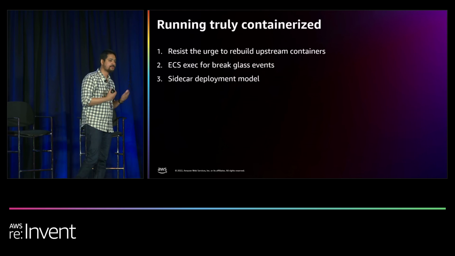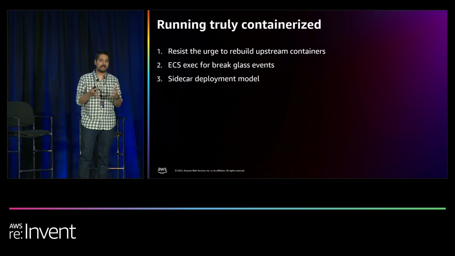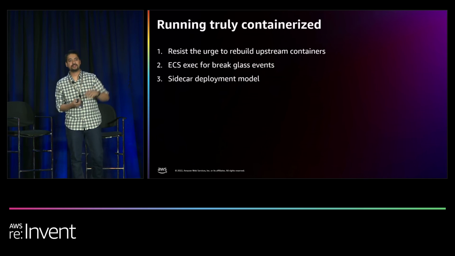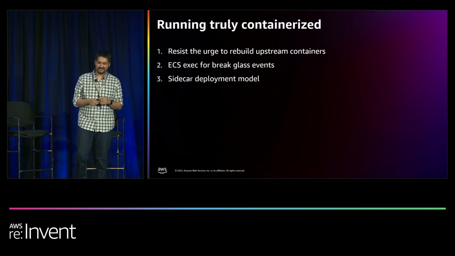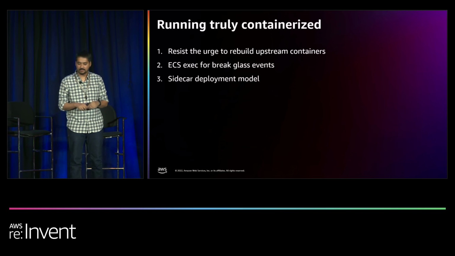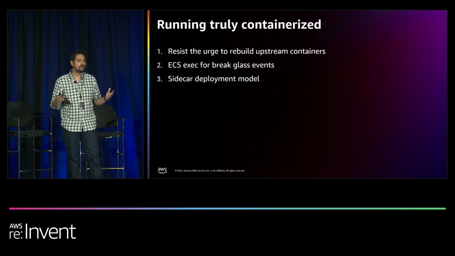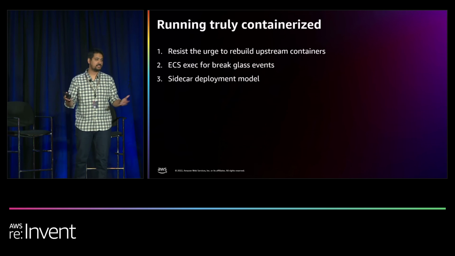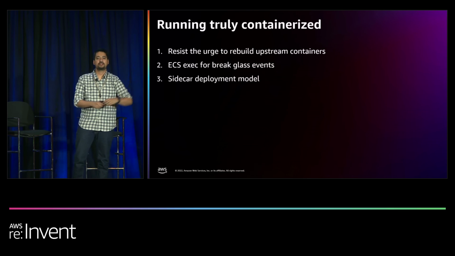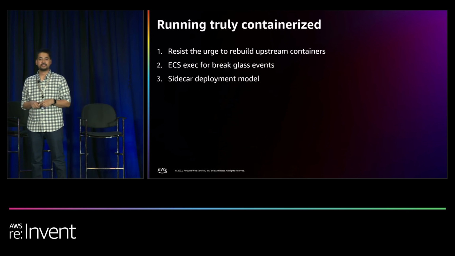And then there's the sidecar deployment model. Instead of packing your container into one large monolith, for example, imagine an application and a logging agent along with it, right? Your application runs, and there is a logging agent that ships all of your logs to some central system so that it's there for analysis and things like that.